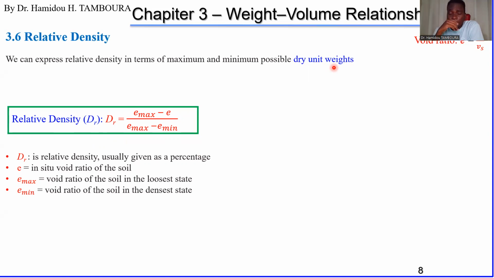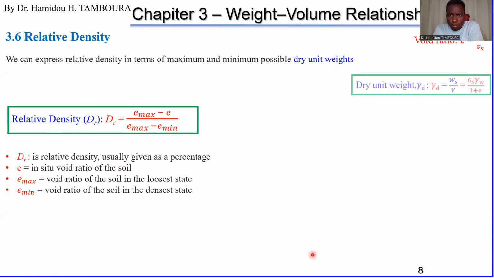Sometimes it's easier to use dry unit weight to estimate the relative density. Okay, we'll keep this here.